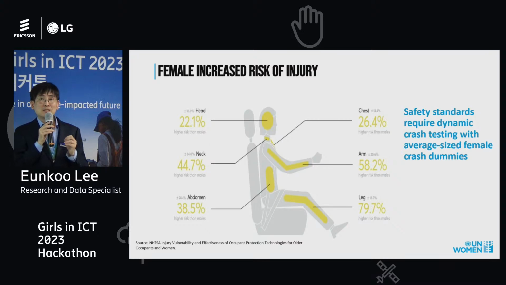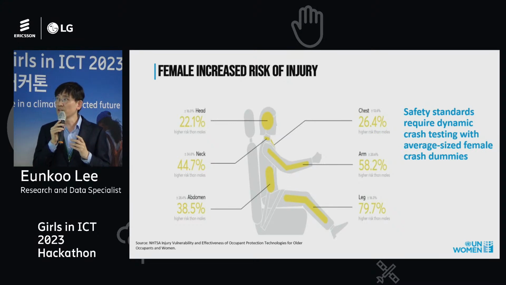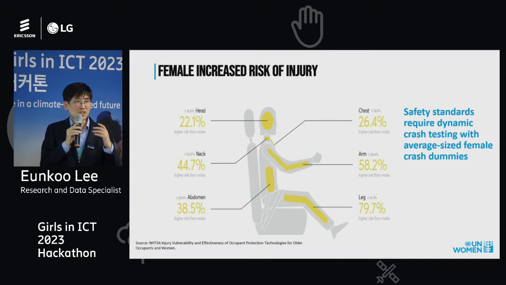So based on these experimental results, obviously they exclude the physical body features of females, such as the forms and shapes of the torso, the muscle strength and the ligaments, and dynamic female trauma when they are exposed to automotive accidents.